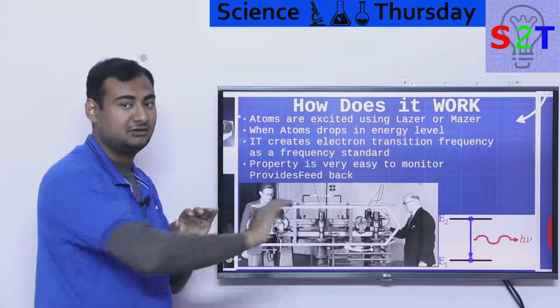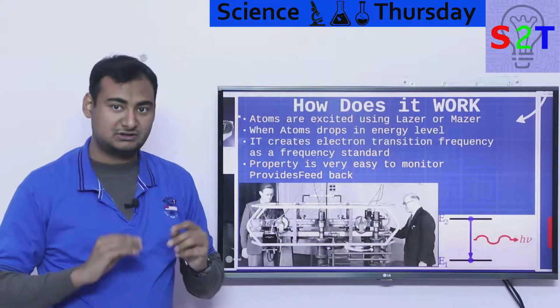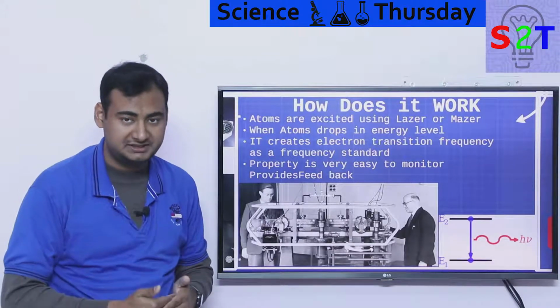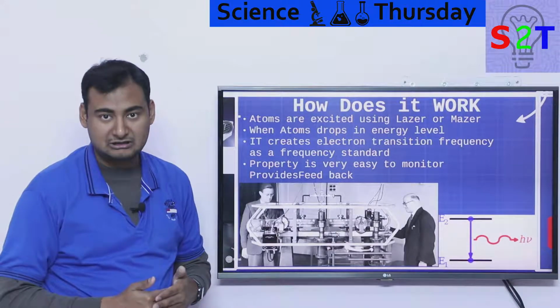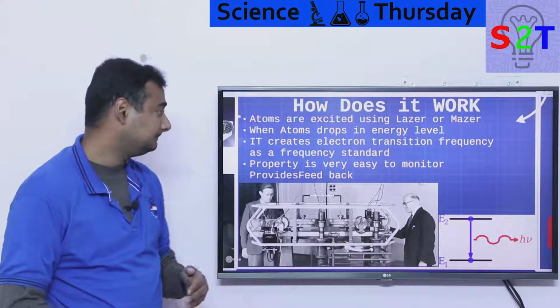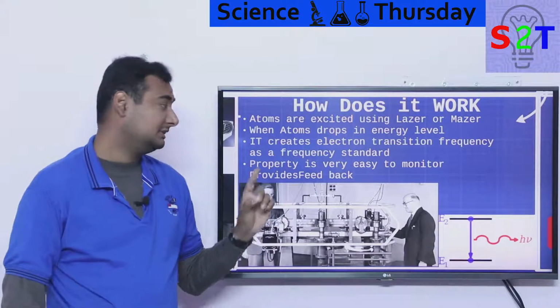Once it's doing that, it's giving off that photon. Now that's specific to elements. You cannot mix hydrogen and cesium. If it's a cesium atomic clock, it has to have only cesium. If it's a mercury atomic clock, it has to have only mercury. If it's rubidium, it only has that. So that's how we get that frequency, those oscillations.